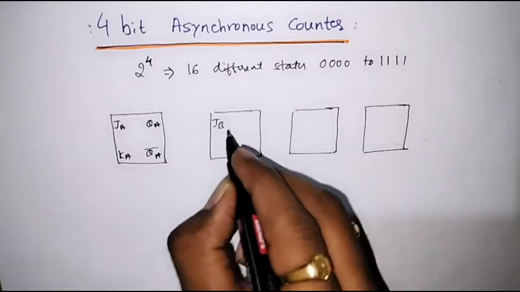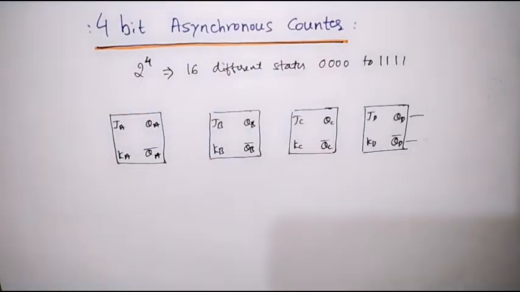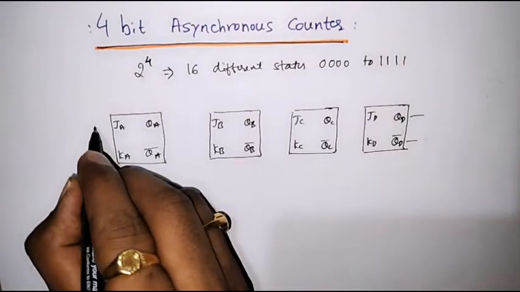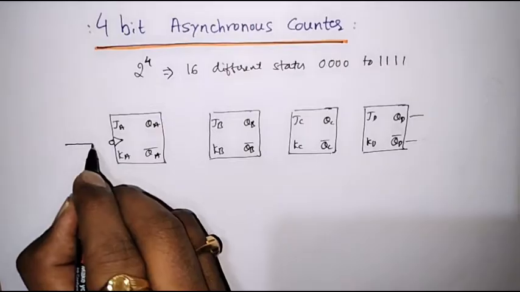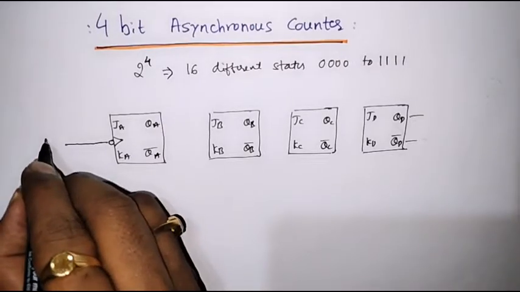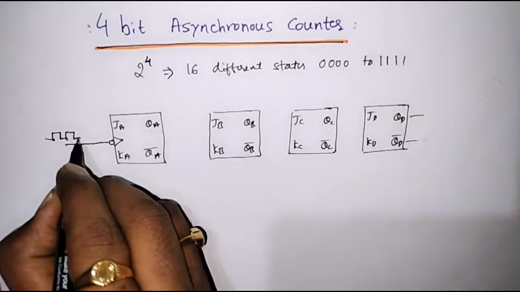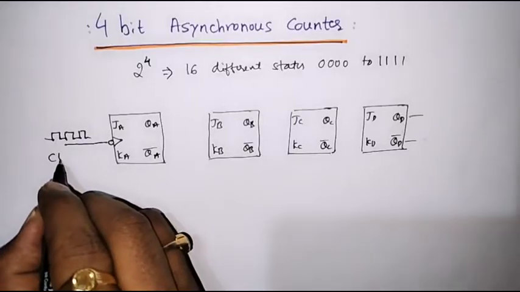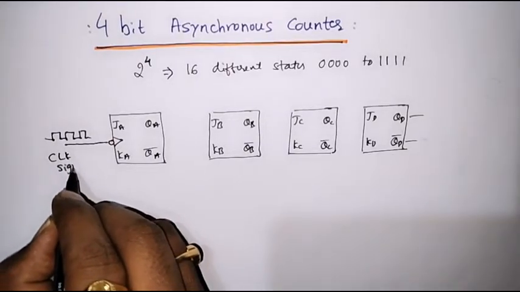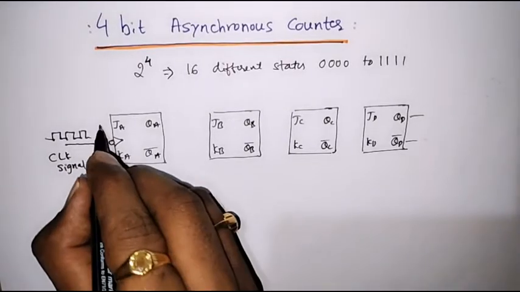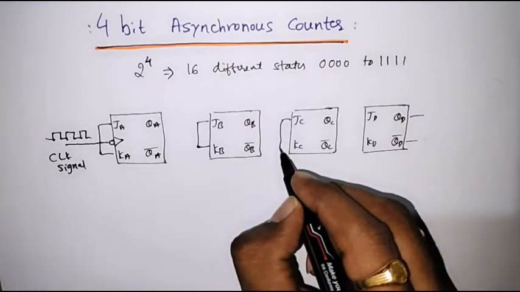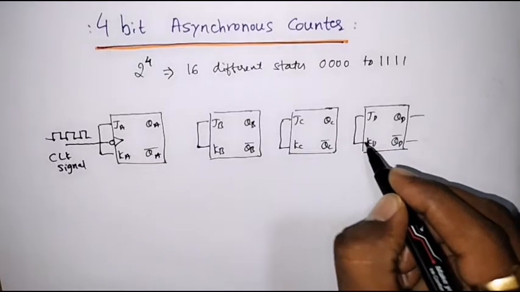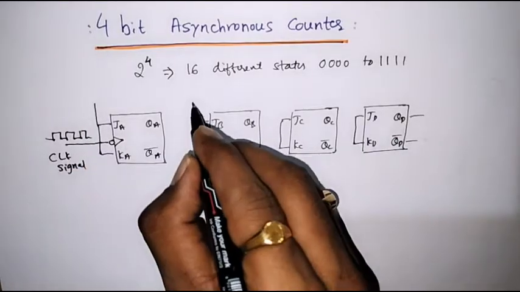Let the second flip-flop be JB/KB. We know that in an asynchronous counter, the clock signal is given to the first flip-flop. Assume this is a clock signal. All J and K inputs are shorted and given to logic high.